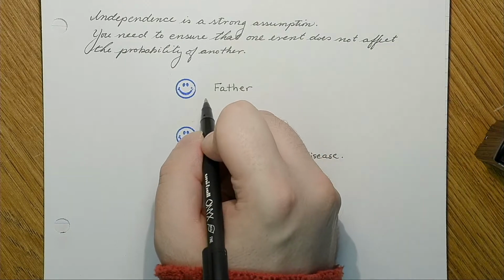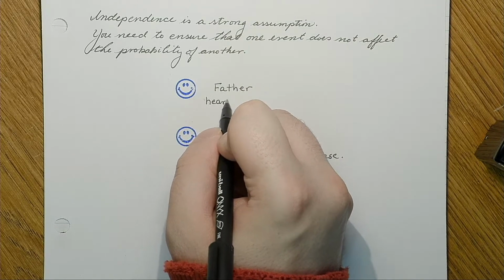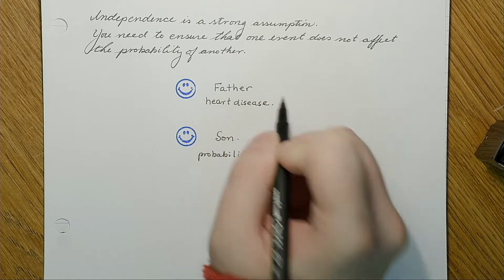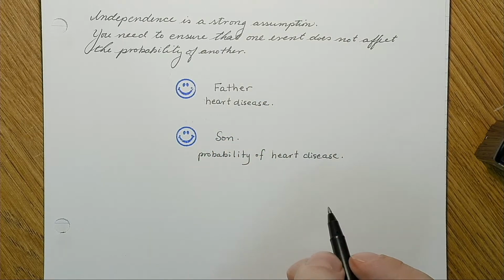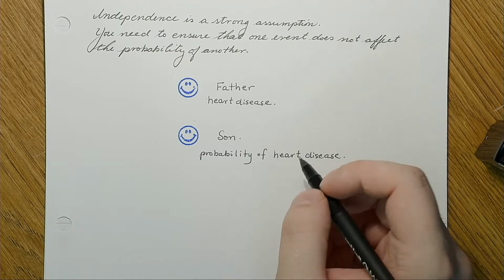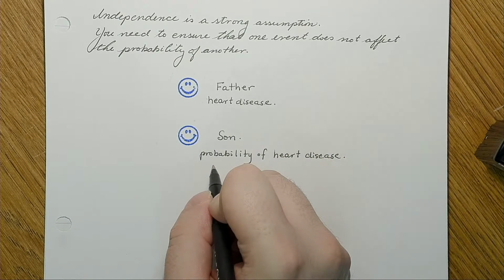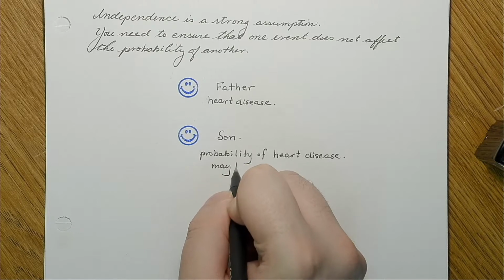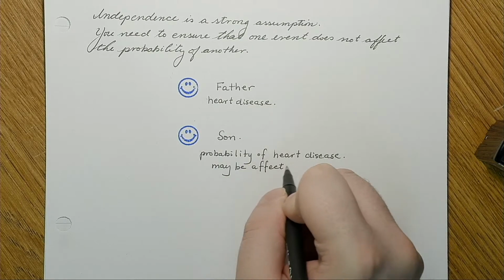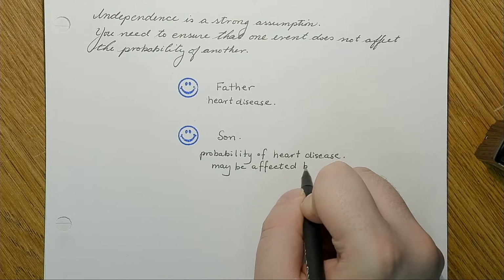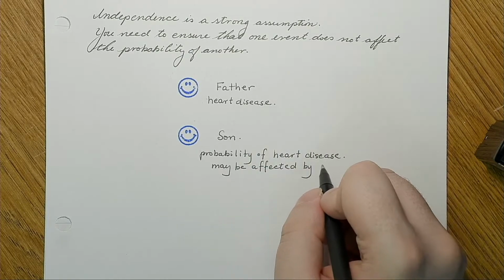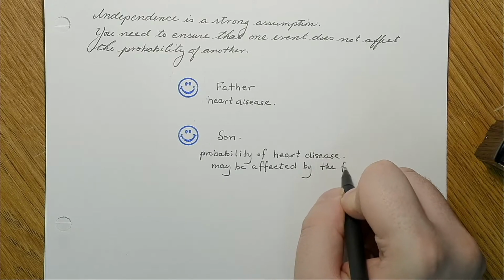So let's say if the father has heart disease, the probability of heart disease may be affected by the father's heart disease.